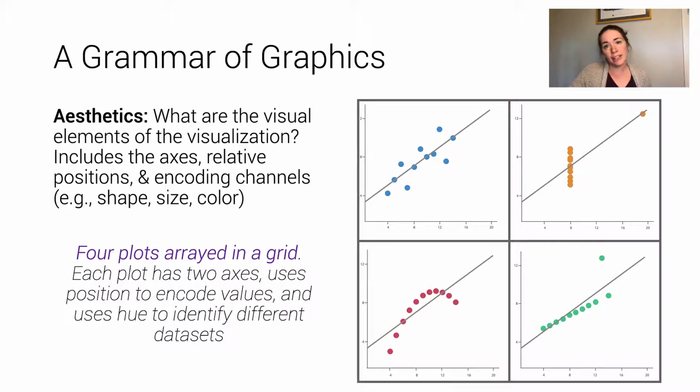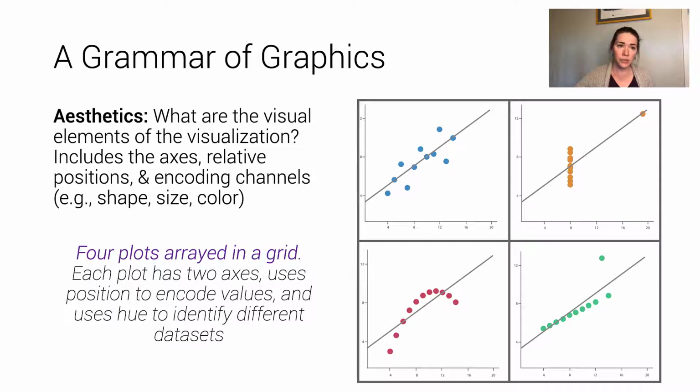When we move to the next layer of the grammar, we have aesthetics. So what are the visual elements of our visualization? And this includes everything from the visual scaffolding that helps us interpret our data, so things like the axes, to the relative positions of points, to the encoding channels or the visual channels such as shape, size, and color that we're going to use to represent our data.